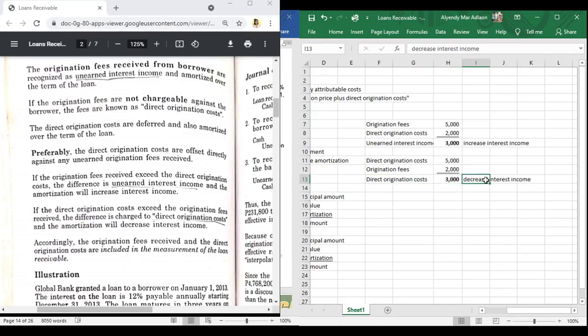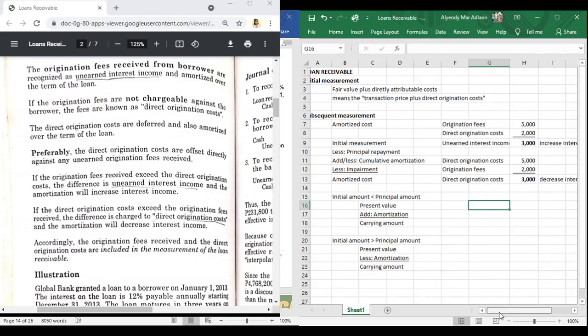So, if the interest paid is, let's say, 10,000, what will be recognized is only 7,000 because of the direct origination cost. But if under interest income, the borrower paid interest of 10,000 and there is an unearned interest income, so later on, the total interest income becomes 13,000.